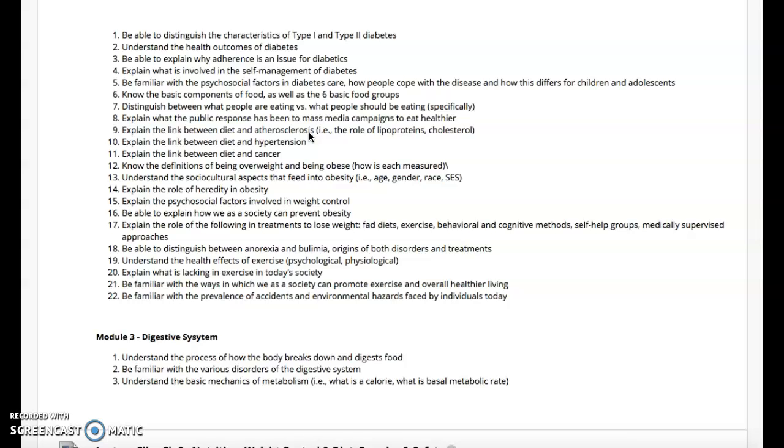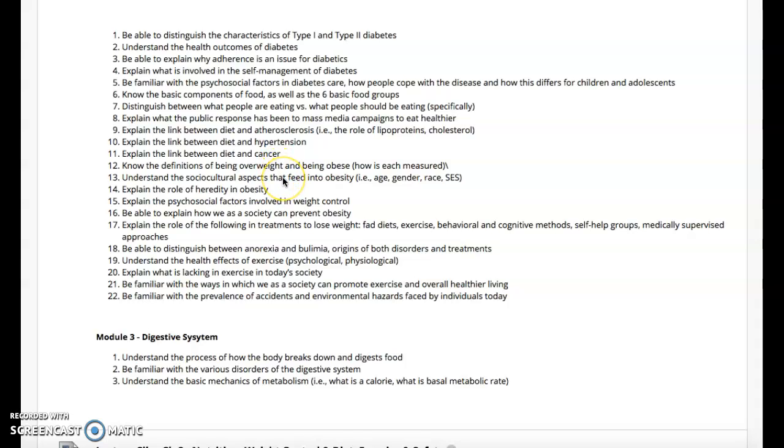So you want to know what is hypertension, like what is high blood pressure, what is normal blood pressure, the mechanics and the specifics there, and what kinds of cancer have been linked to diet, and how strong is the research there in that area.